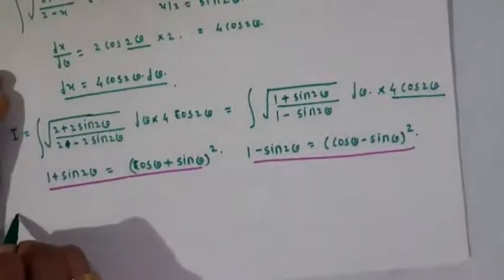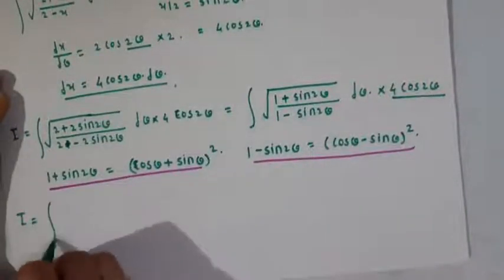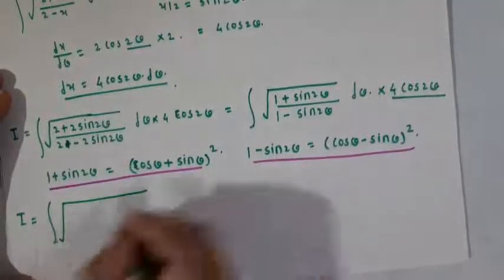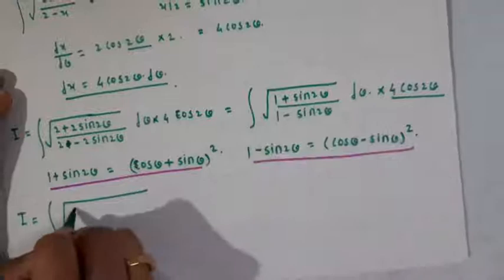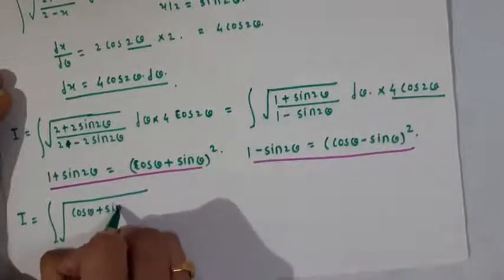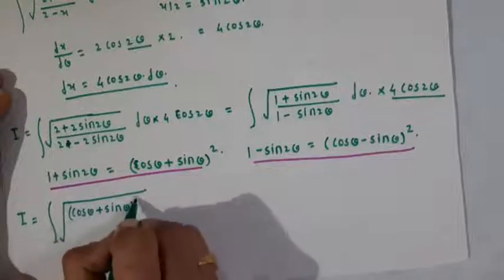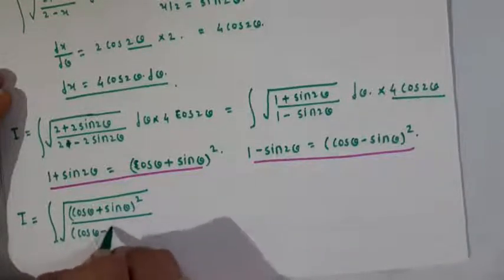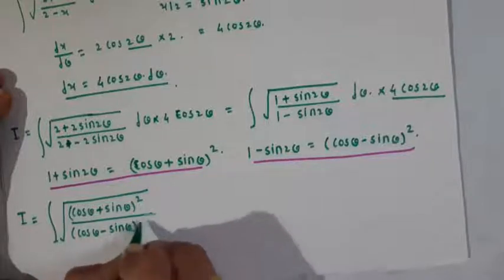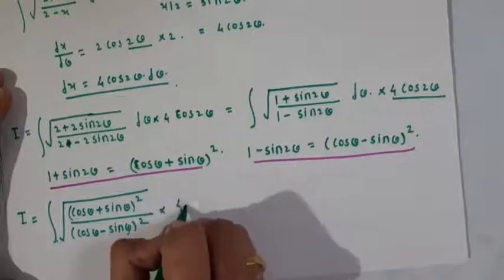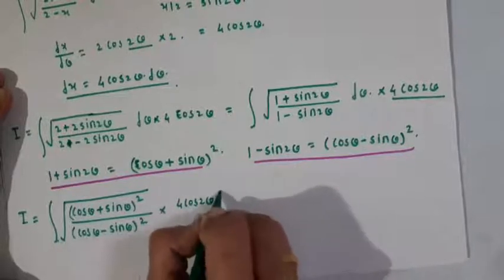And now the integration I is equal to the integration of square root of 1 plus cos of theta plus sin of theta whole square upon cos of theta minus sin of theta whole square, into 4 cos of 2 theta with respect to theta.